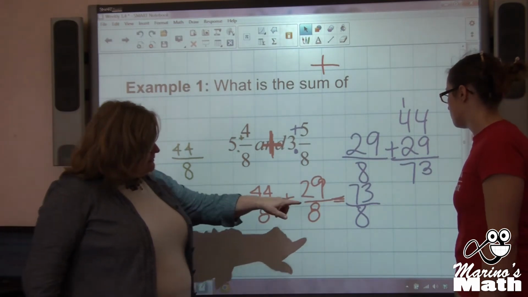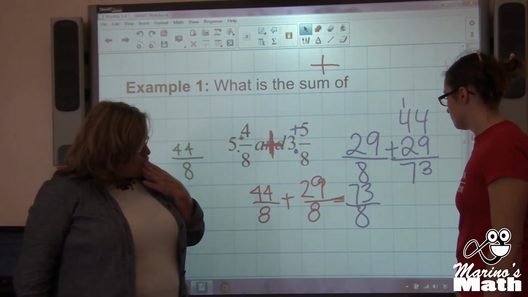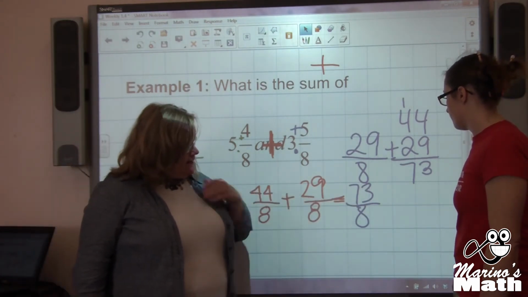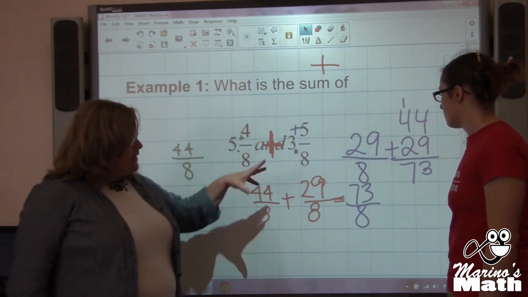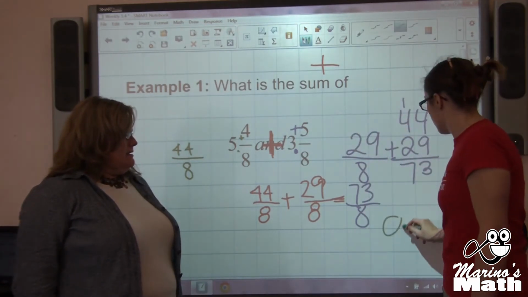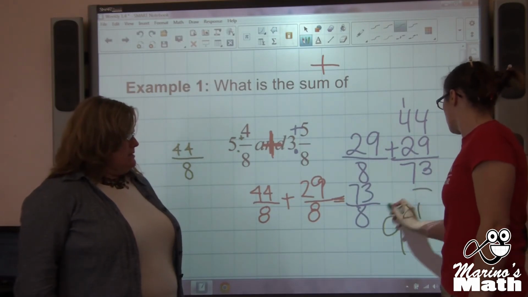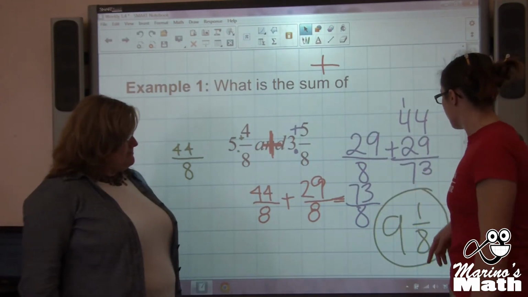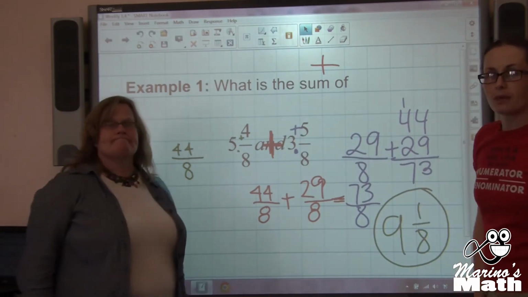Yeah, because 8 times 9 is 72, so there are 9 eighths in that 73. So we can pull out the whole number 9, and one is left, 73 minus 72. So 73 over 8 turns into 9 and 1/8, and that is the solution to our addition problem.